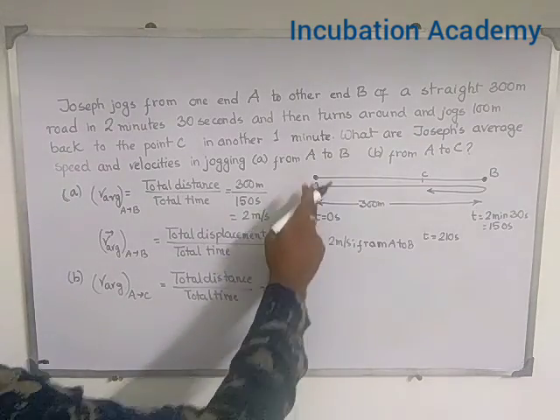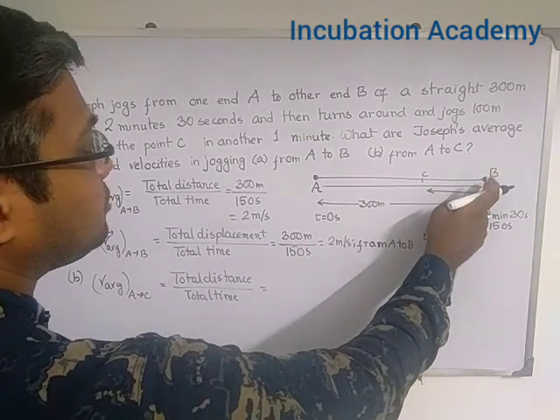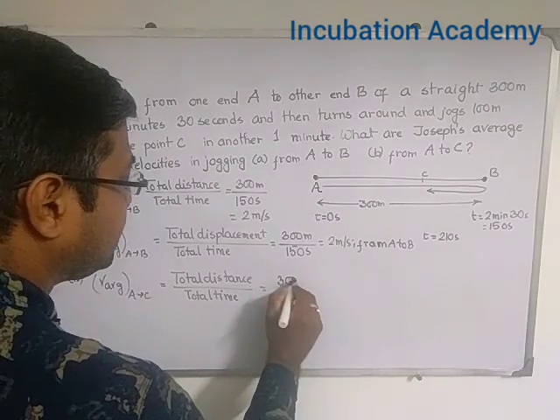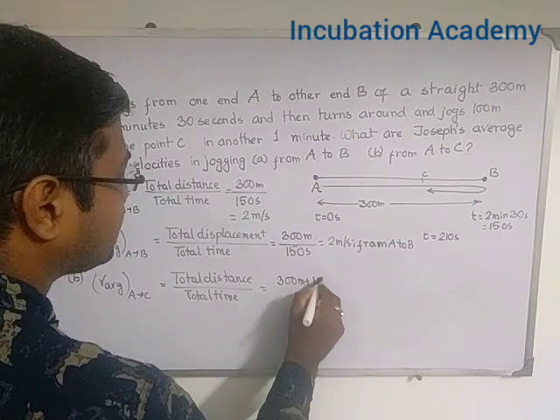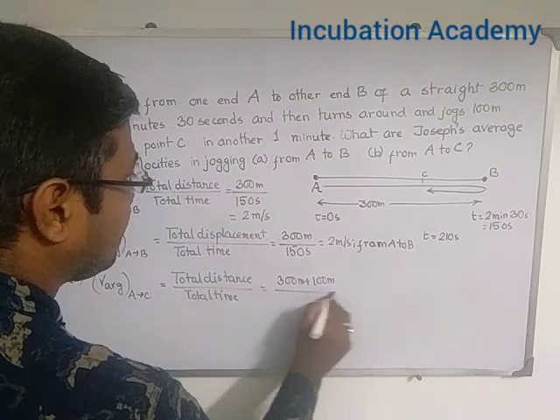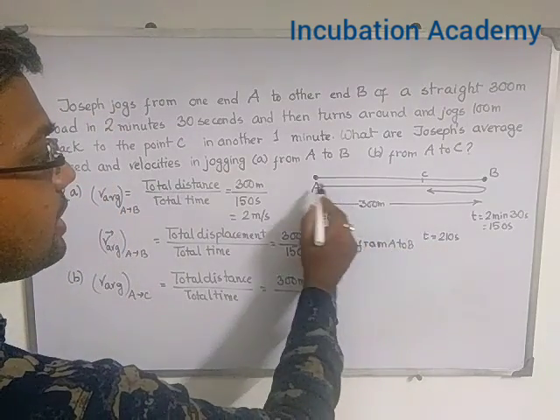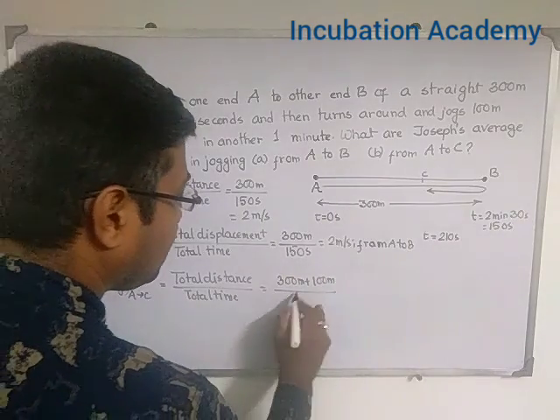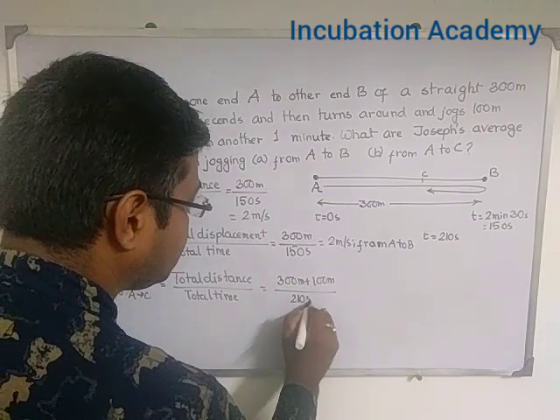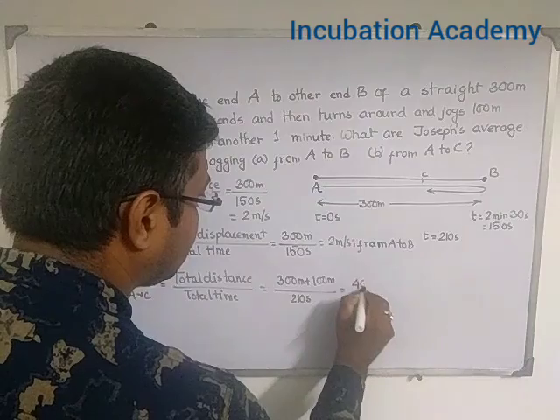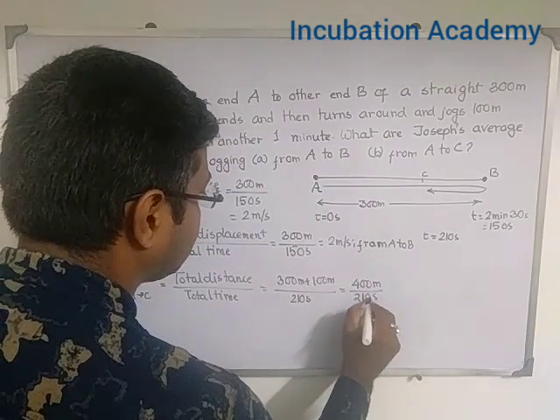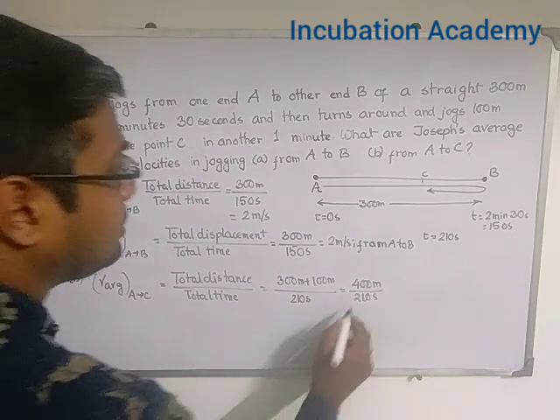Total distance is 300 meter in moving from A to B and again coming back to C, that is, 300 meter plus 100 meter. The total time in reaching A to C via B is 210 seconds. So that is 400 meter divided by 210 seconds.